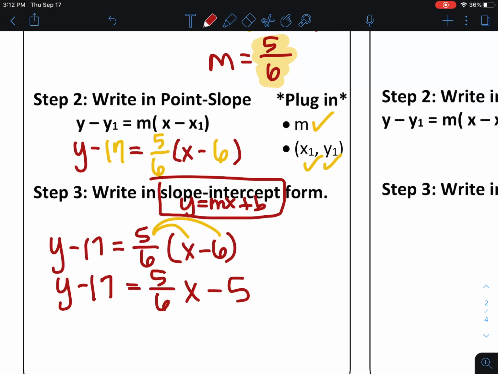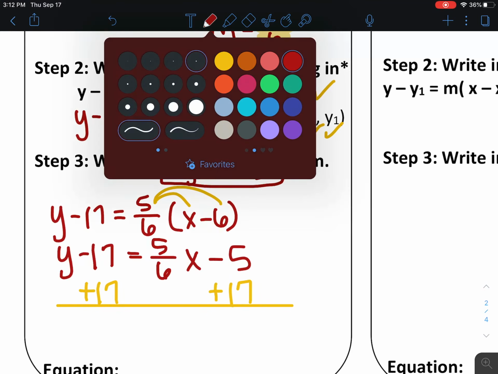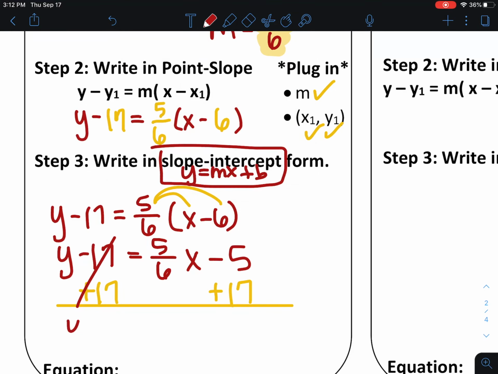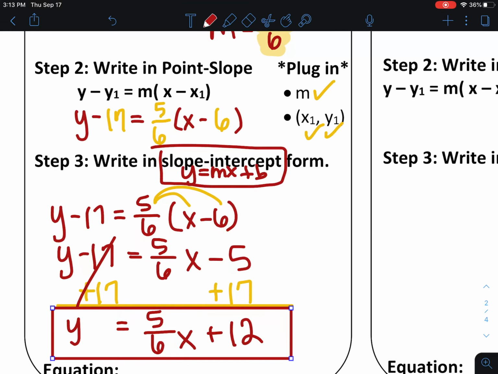If you multiply 5/6 times 6, you get 5. All right, and now we are going to do the last step by adding 17, right? We need to do the opposite of minus 17, and that's going to leave us with y equals 5/6 x plus 12. And there we go. Now it is in slope-intercept form.